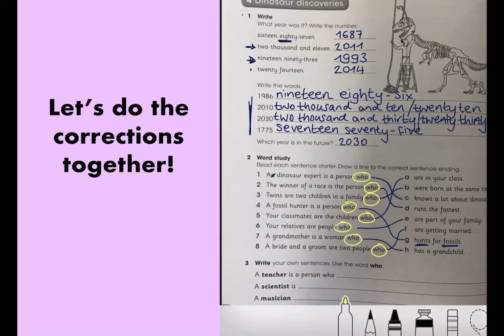Okay, this word is very important, okay, who. We use it to write about or to say something else about a person, okay, so a person, to give more information, okay, so person or people, okay, it's used for singular and for plural, okay.